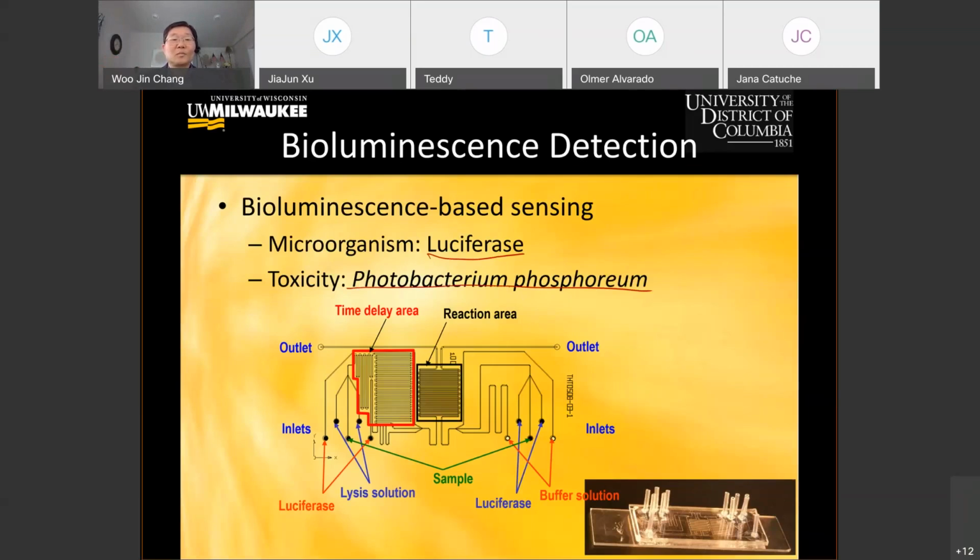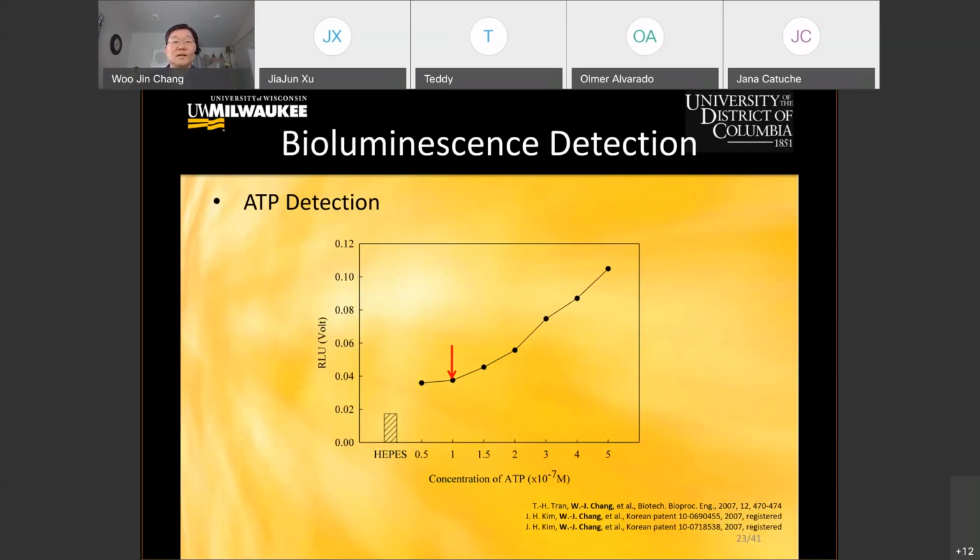So I wanted to add some time delay area so that I can first detect the generated light to determine the amount of the living organisms, ATP, and then detect the amount of toxic molecule from this phosphorium strain. So I tested, and the ATP detection limit was around 10 to the minus 7.